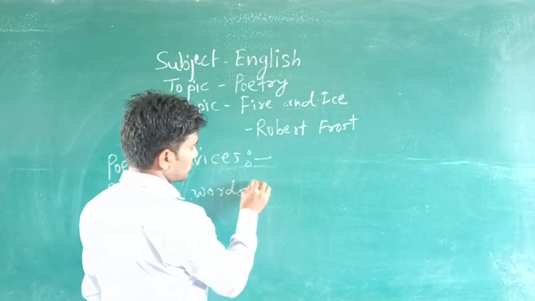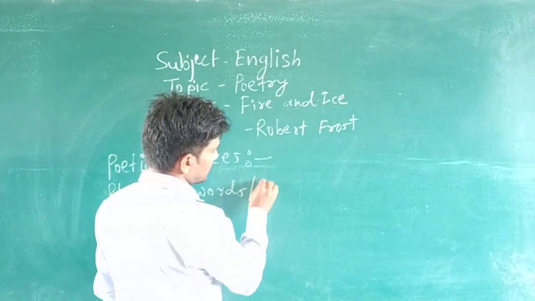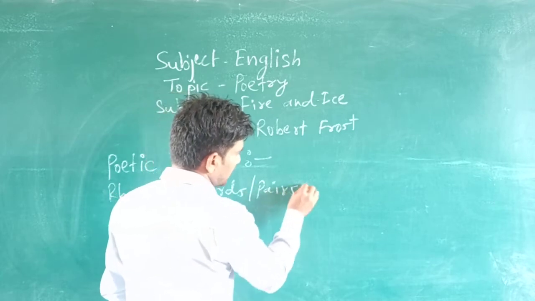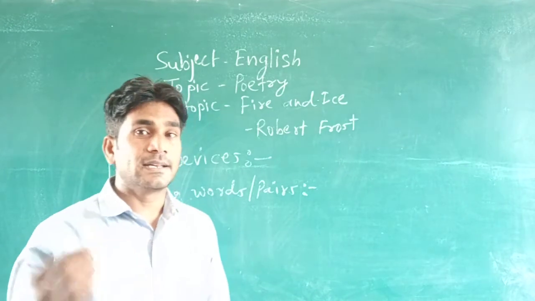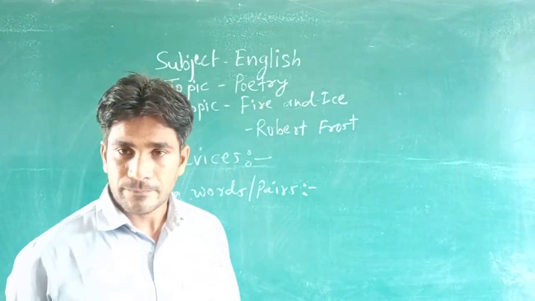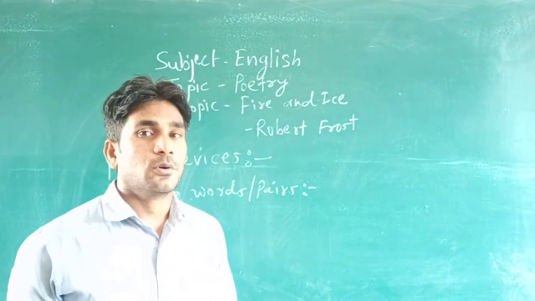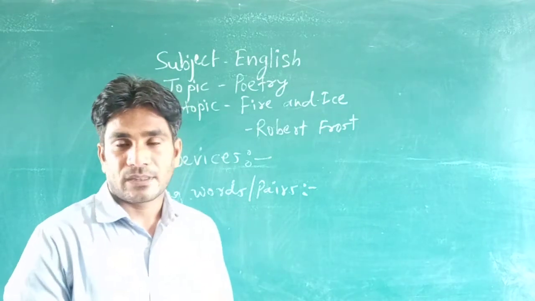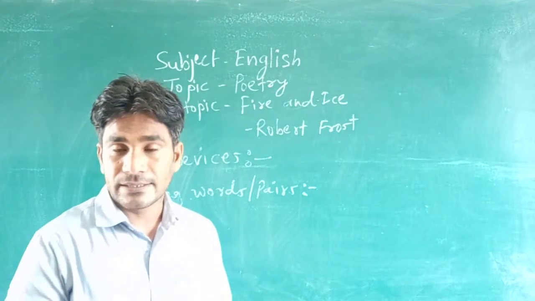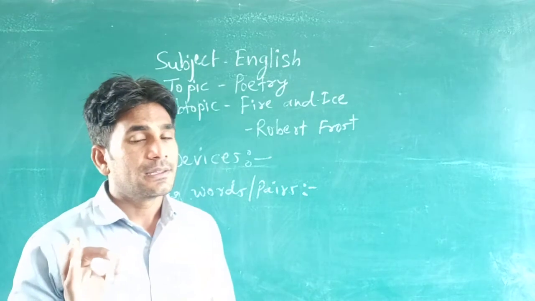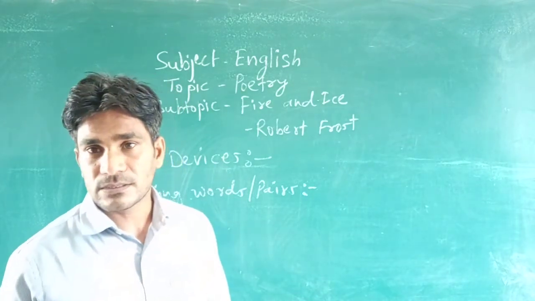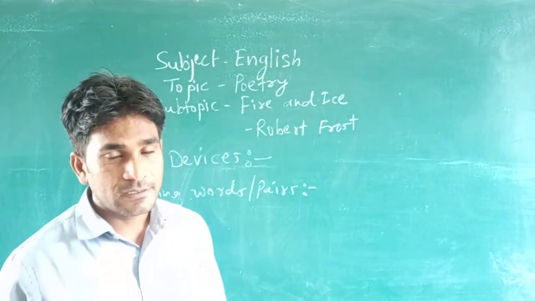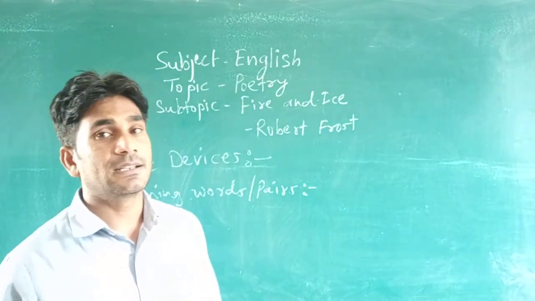So here, the rhyming pairs in the poem Fire and Ice: to decide them, we see the last word of each line. We pronounce them, then find which are similar and which are dissimilar.